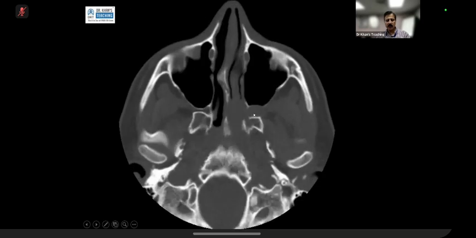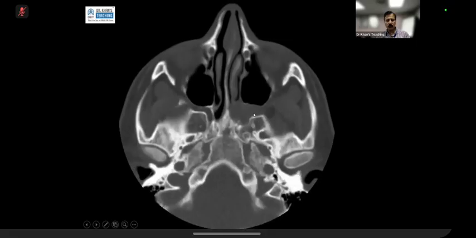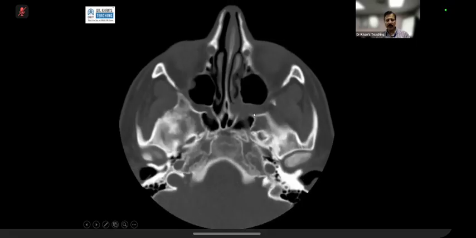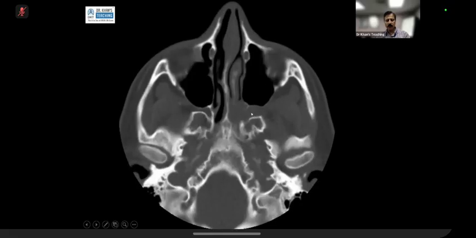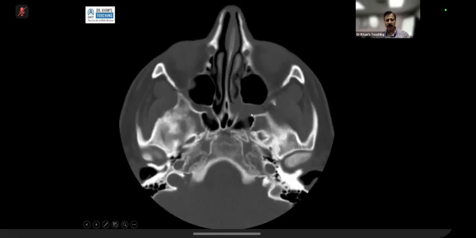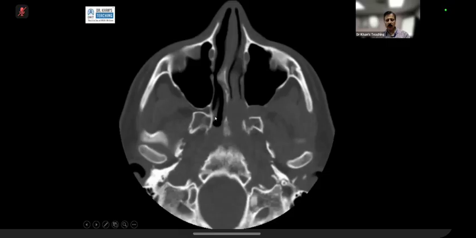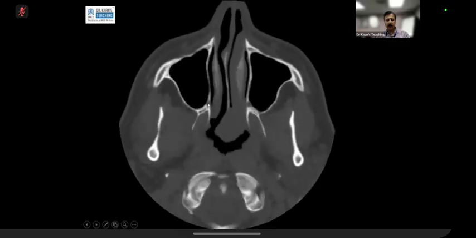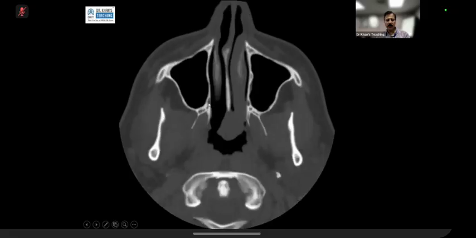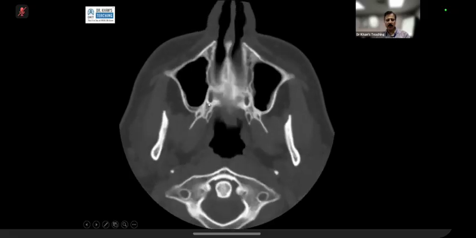So there are two communications. One is the Vidian canal, and another one is the foramen rotundum. And inferiorly, it is going to communicate with the, if you see here, we are at the normal side and we are heading towards here.